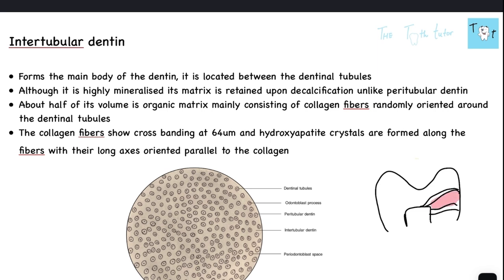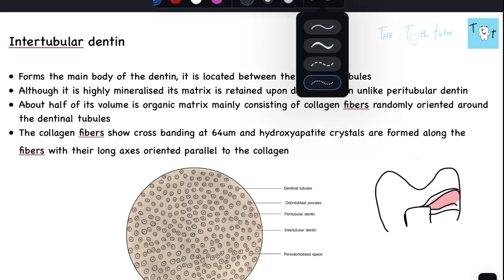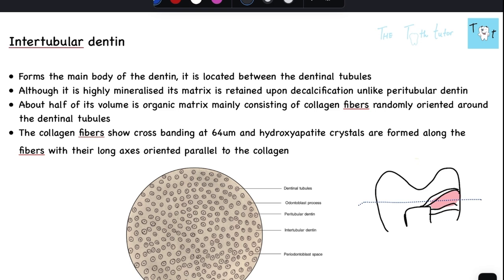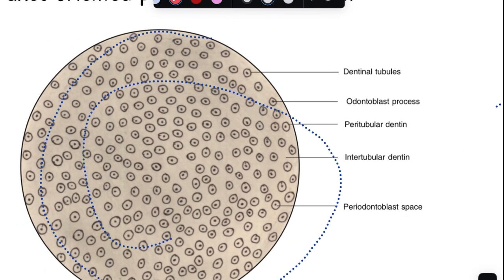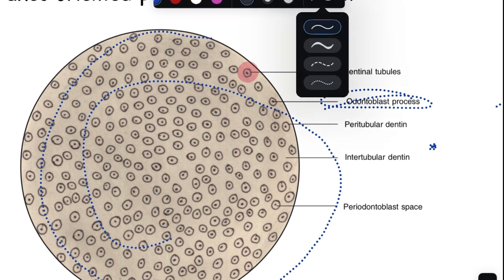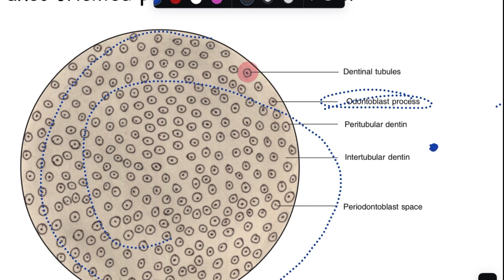So if I take a cross section from over here, let's say I cut this tooth surface from over here, what you will see will be something like this. If I zoom in, you can see these are your dentinal tubules. The inside of the dentinal tubule is made up of the odontoblastic process.